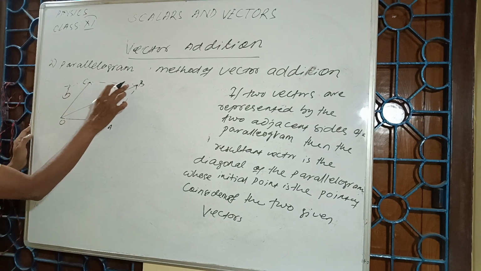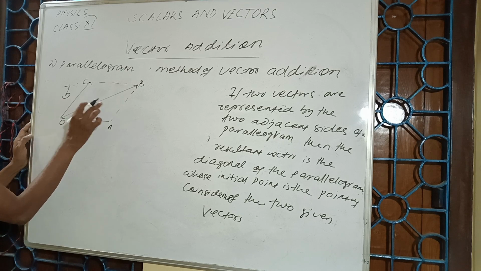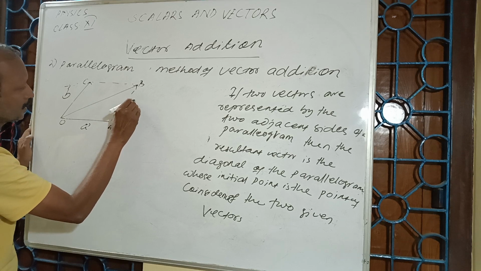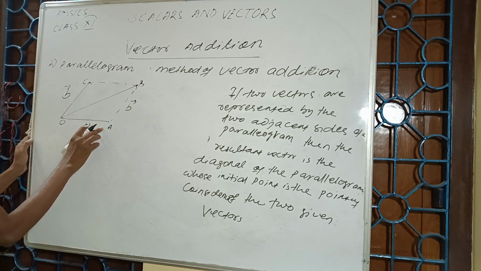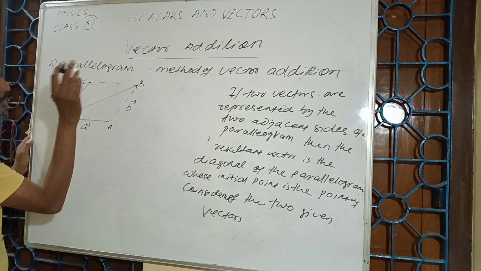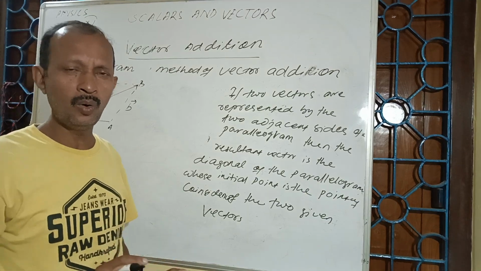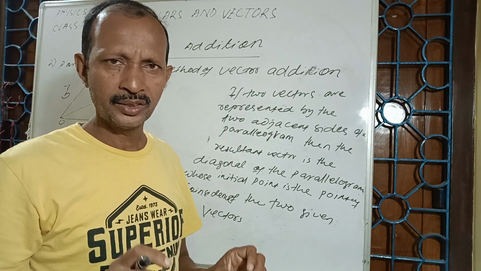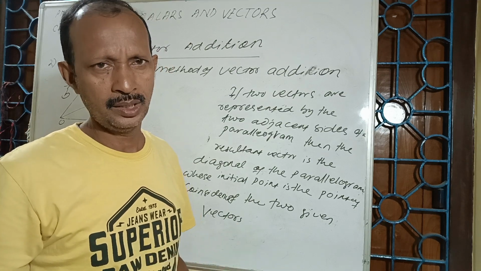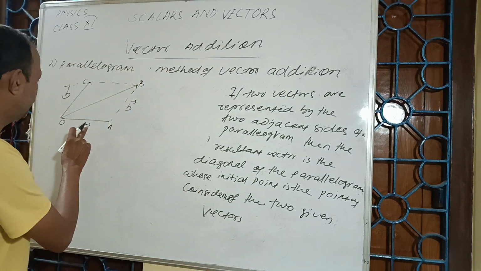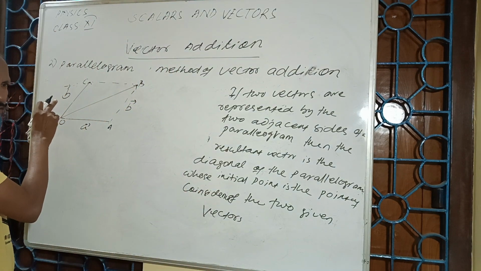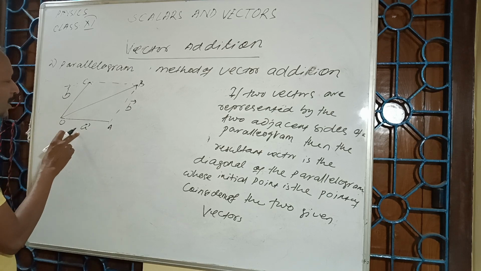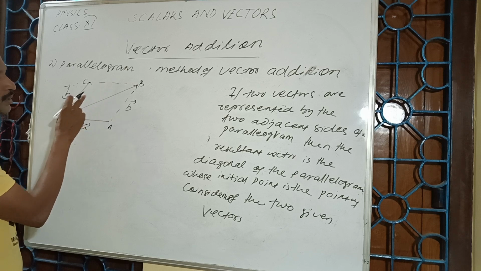Now you see that this is a parallelogram. These two sides are the opposite sides. If this one is B, ultimately this is also B. If this is A, ultimately this is also A. So now I can write like the triangle method of vector addition, because I have taken vector A and vector B as the two adjacent sides of the parallelogram. So these opposite sides are also equal.